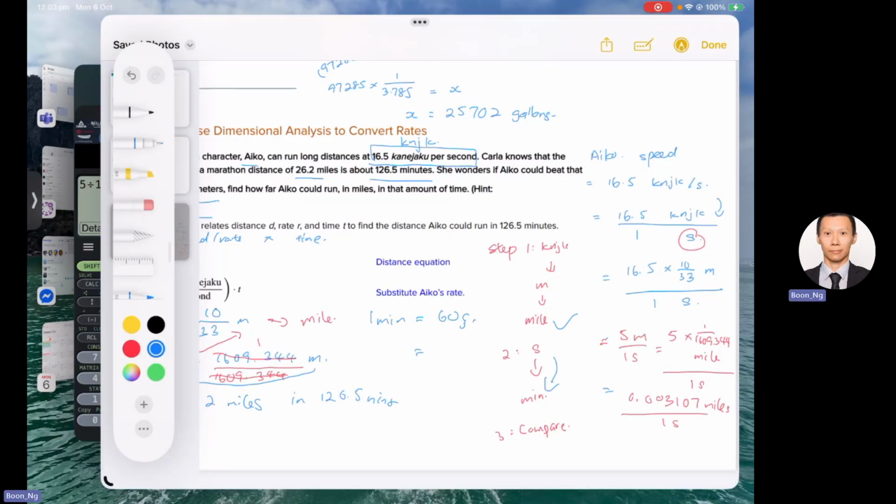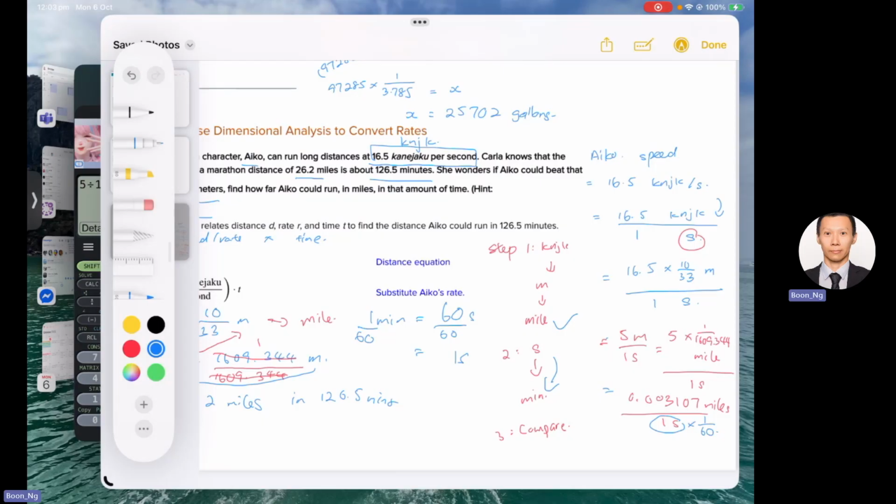So 1 second would be dividing by 60 seconds. 1 second would be 60 divided by 60, and then minute will be 1 over 60. So this is multiplied by 1 over 60.